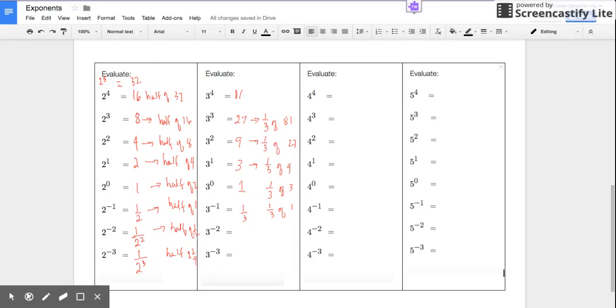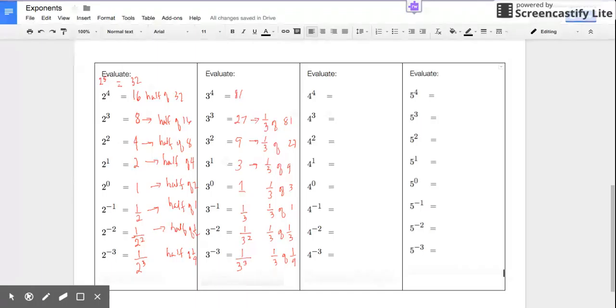And 3 to the negative 2 will be 1/3 of 1/3, which is going to be 1 over 9, and 9 is 3 squared. So 1 over 3 squared. And so we'll have here 1/3 of 1/9, which is 1 over 27, but 27 could be written as 3 to the 3rd. So 3 to the negative 3 is 1 over 3 to the 3rd. Do we notice something here?